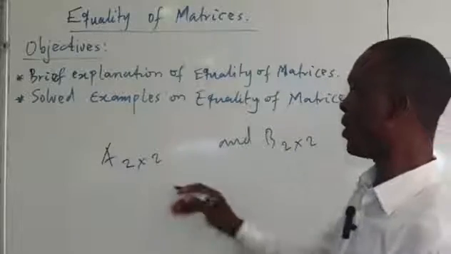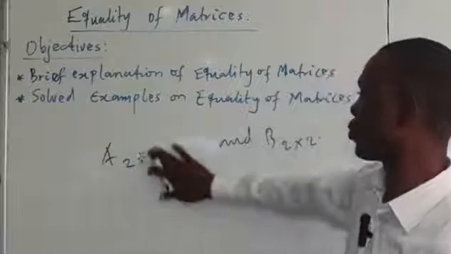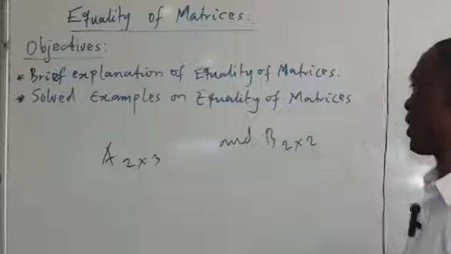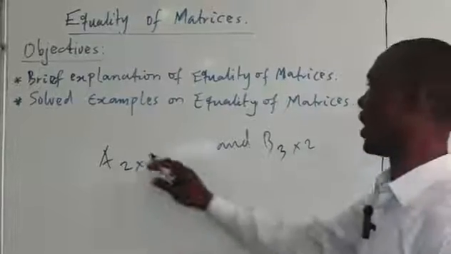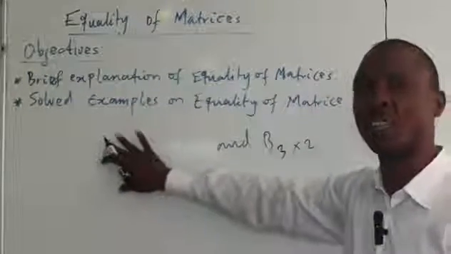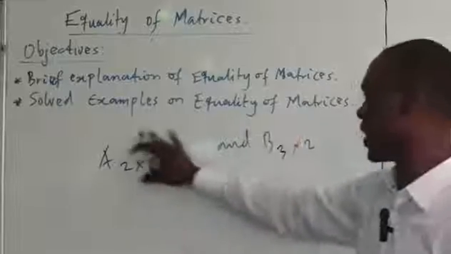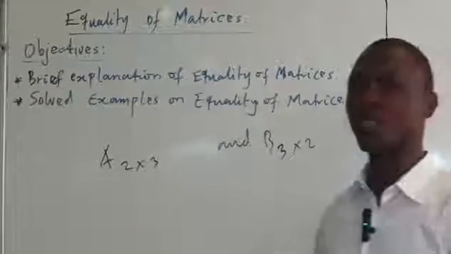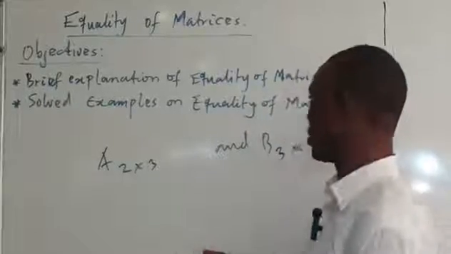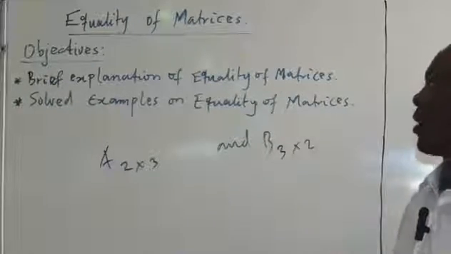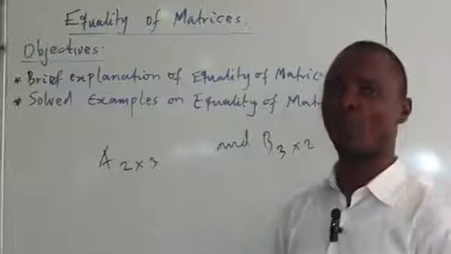But if the matrix A is of order 2 by 3 and matrix B is of order 3 by 2, there is no way these matrices A and B can be equal because they are not of the same order. I think with this explanation you can get what I mean by equality of matrices.